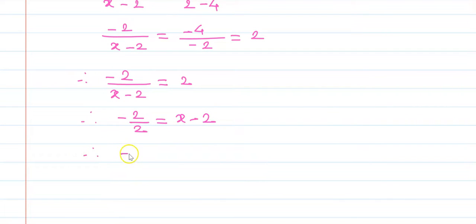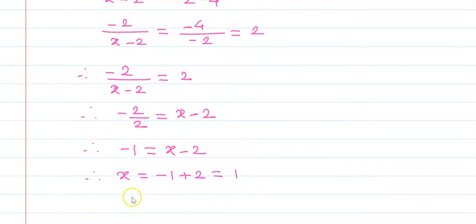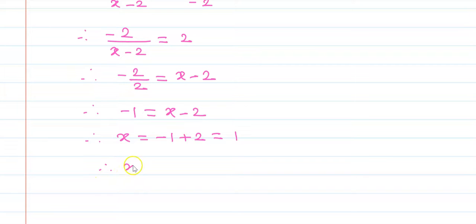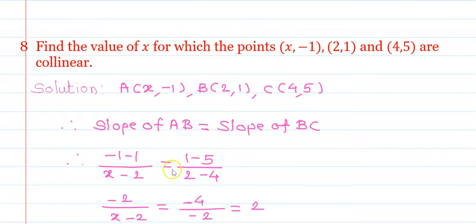Then -1 is equal to x minus 2, and therefore x equals -1 plus 2, which equals 1. Therefore the answer is x equals 1. You can see this problem's answer.